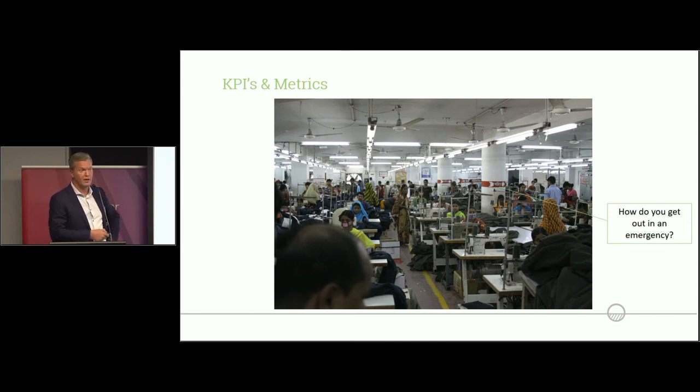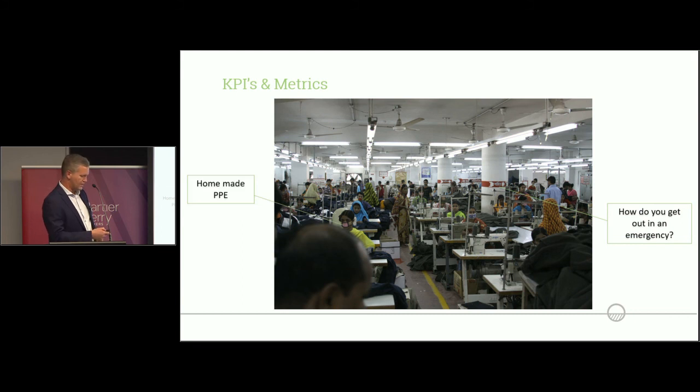This could have been Rana Plaza, actually, the factory that burned down and killed 1,100 workers in Bangladesh a couple of years ago, but it wasn't. Another issue they have over there is that they often lock the emergency exits because they're afraid of theft, so there's no way to get out. And it's not the same factory in the building either. They usually have separate factories on each floor, so you don't know what's going on on the other floors.